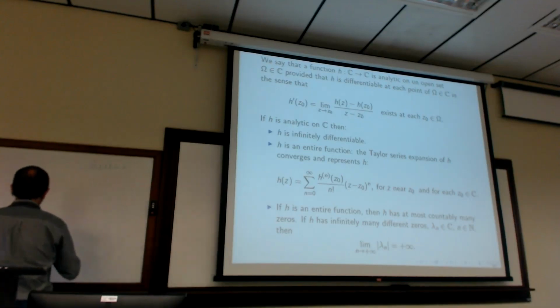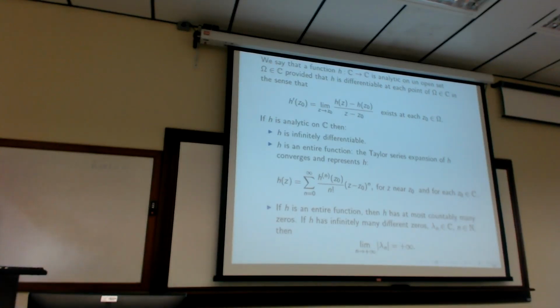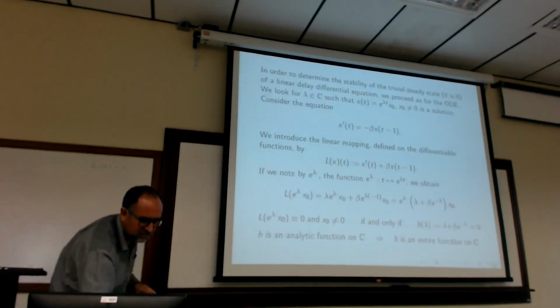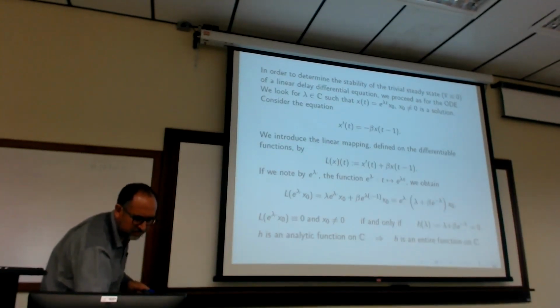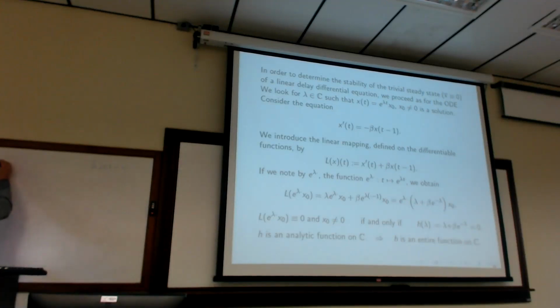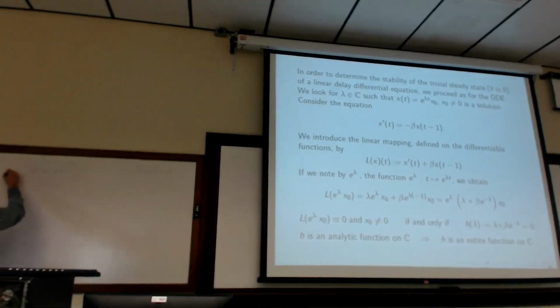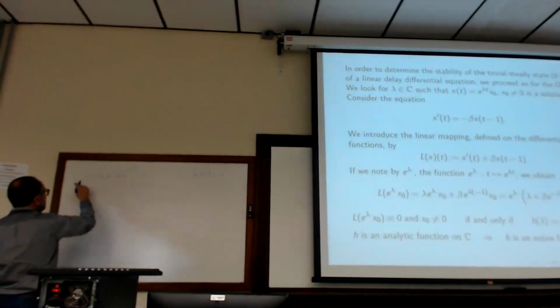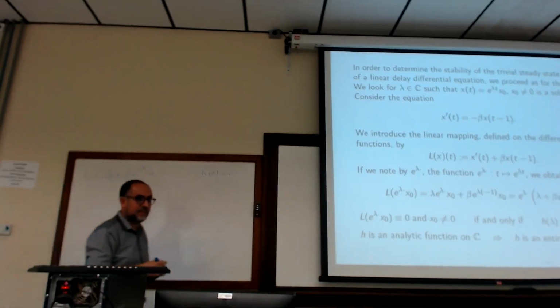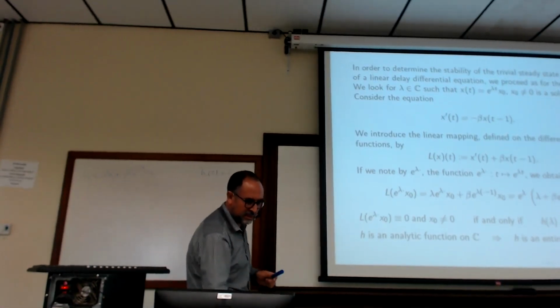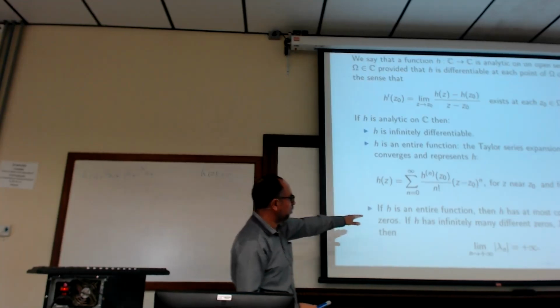And as for our function, lambda plus beta minus lambda equals 0, we can prove that it's analytic. That means it's entire, and we have all these properties.